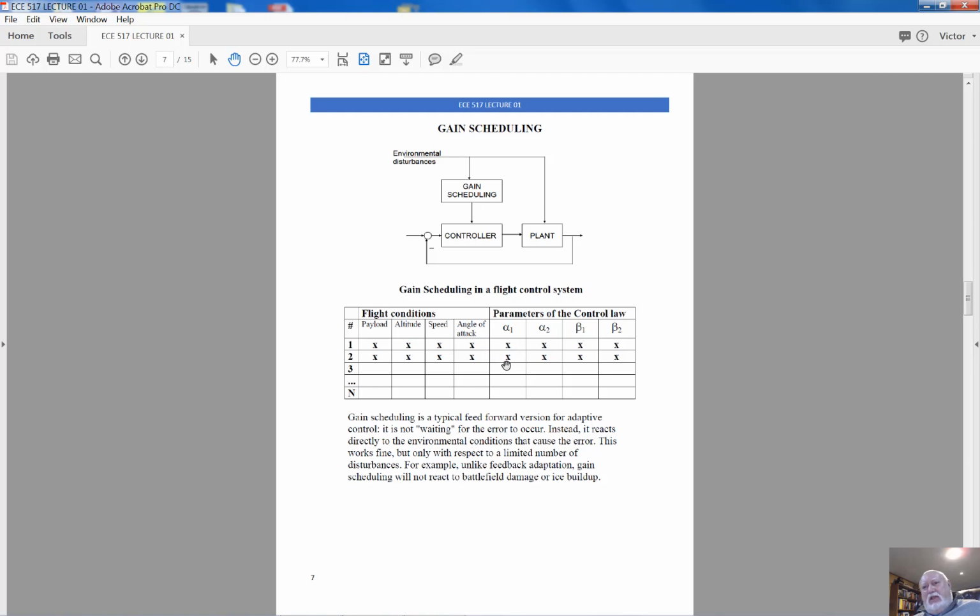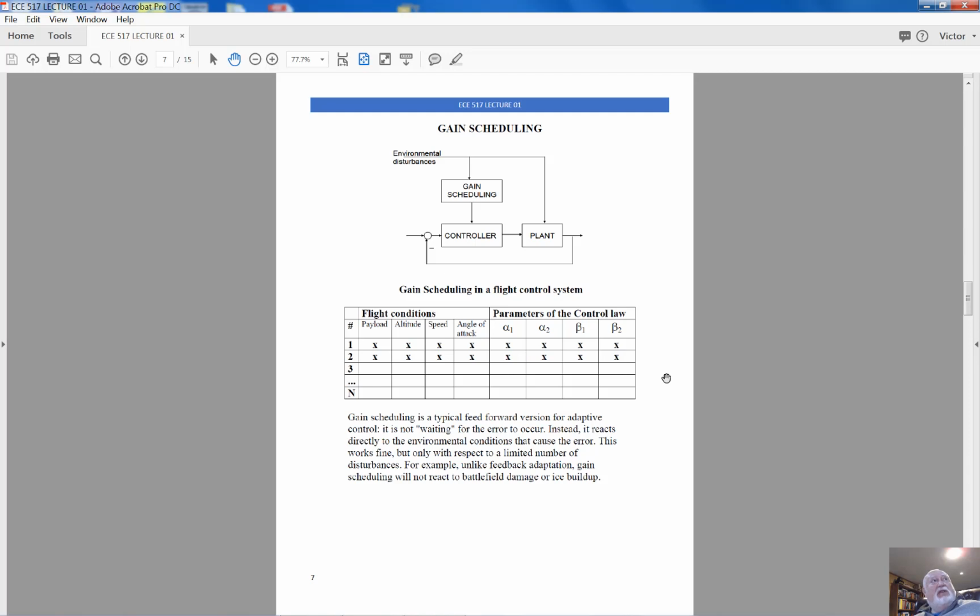A good example is this: flight conditions are being monitored, like payload, like altitude, speed, angle of attack, and there are controllers responsible for the operation of the airframe, and these controllers are defined for every specific combination of flight conditions, set of controllers.